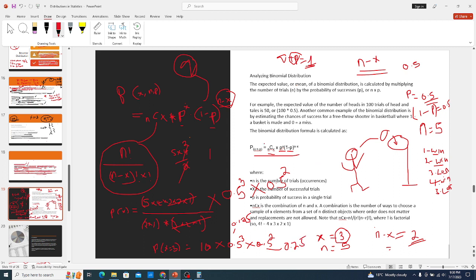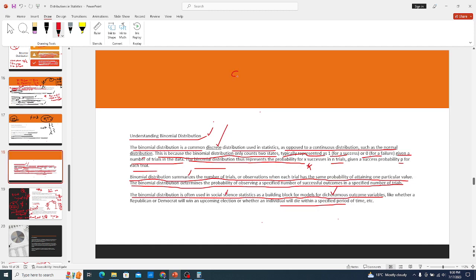Okay, so now our output will be 0.125 multiplied by 0.25 multiplied by 10.